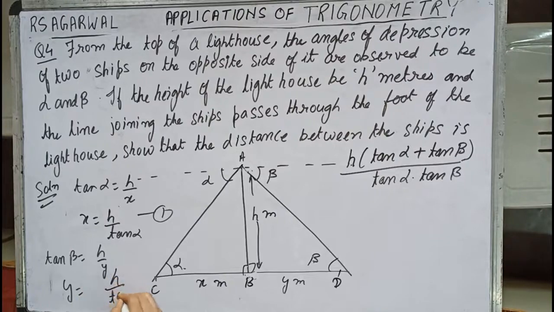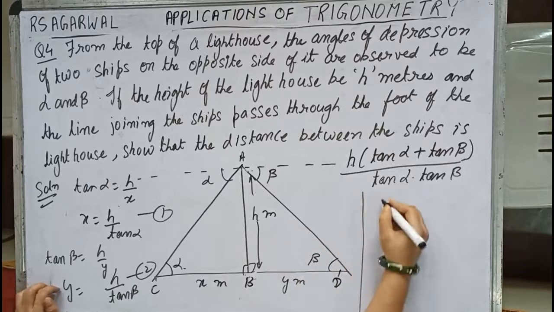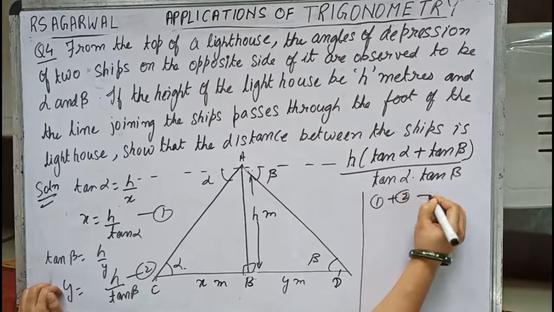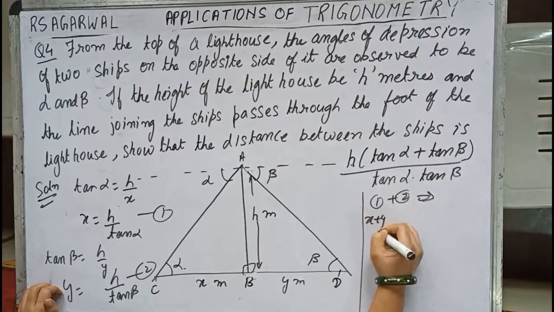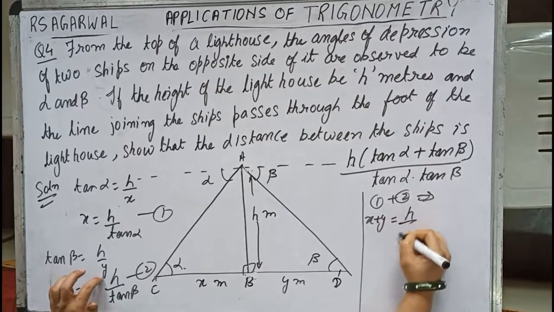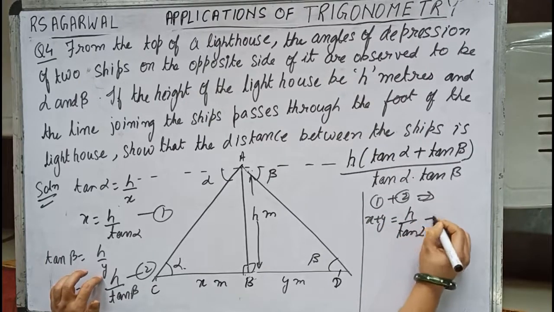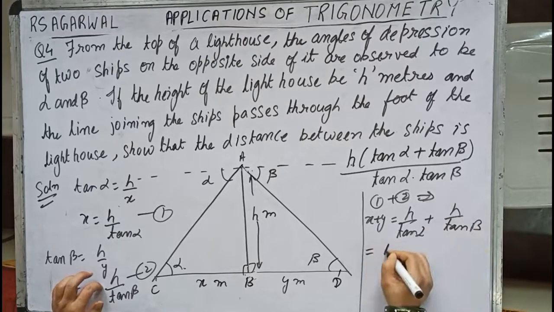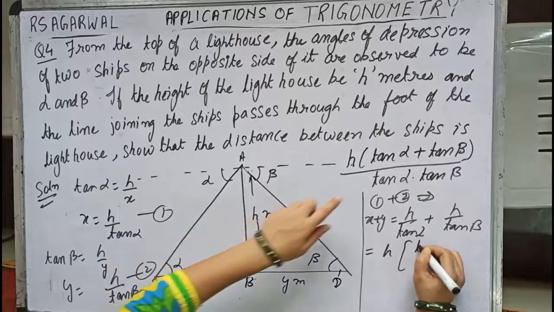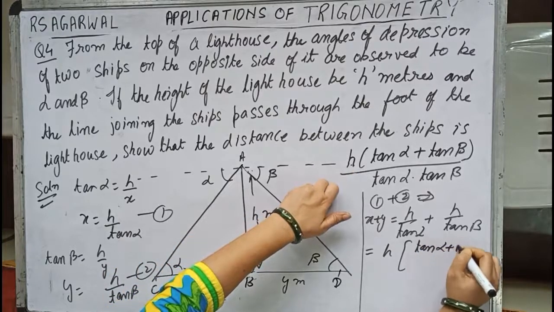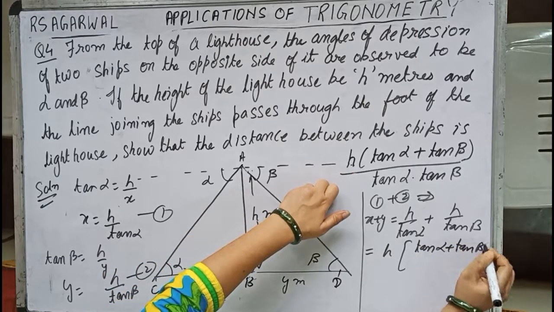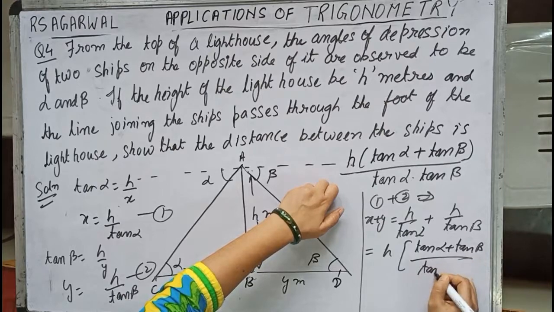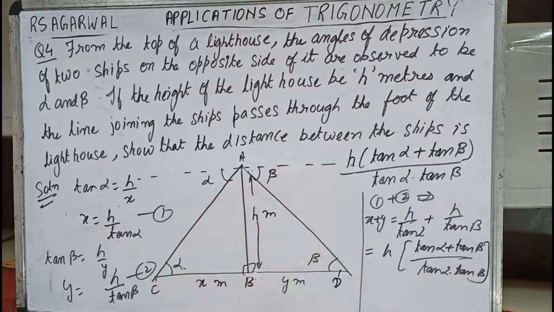Now what we will do is simply add 1 and 2. So 1 plus 2 implies x plus y equals h by tan alpha plus h by tan beta. So we will get the answer h tan alpha plus tan beta divided by tan alpha into tan beta, and hence the required solution.